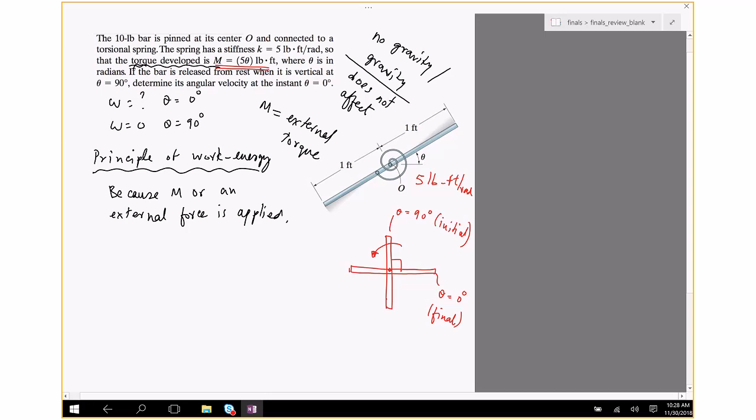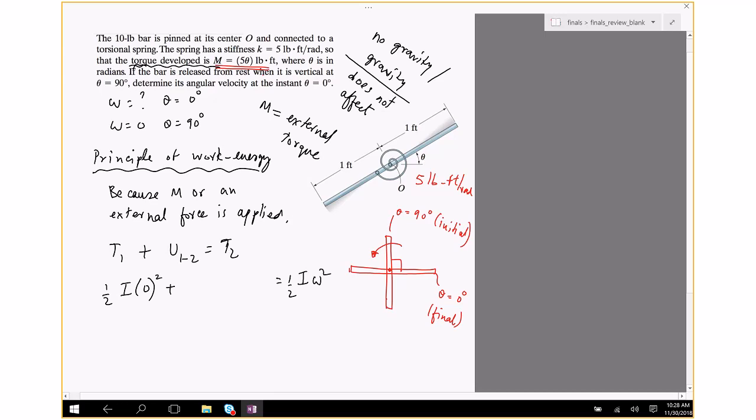Okay, so the principle of work and energy states that T1 plus U12 equals T2. Initial kinetic energy is 0 because angular speed is 0. Let me write the right hand side, that's much easier. Half I omega squared.